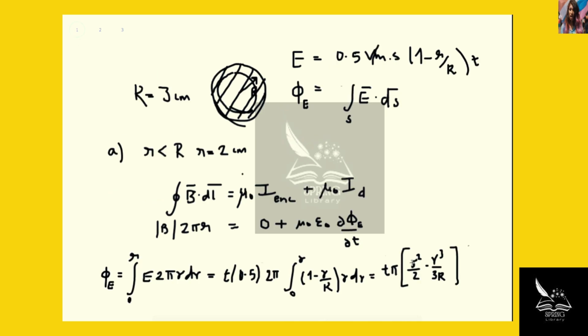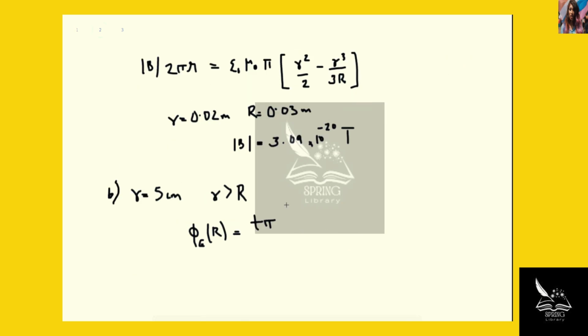So this is R square over 2 minus R cube over 3R. So as you can see, this now becomes t pi R square over 6.